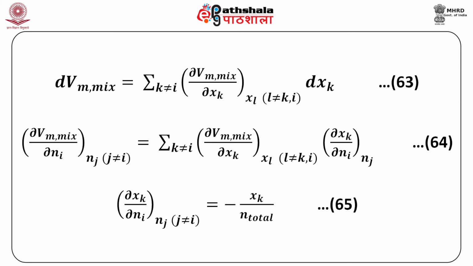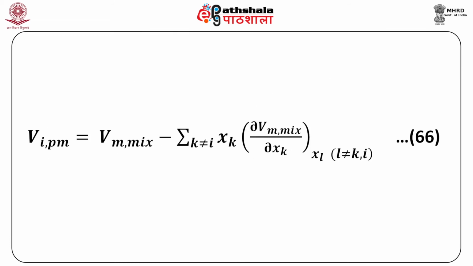Now substituting equations 64 and 65 in equation 61, we get ViPm equals Vm mix minus the summation over k not equal to i of chi k into dVm mix by d chi k at constant chi L, where L is not equal to k and i. Equation 66 gives the partial molar volume in a solution consisting of more than 2 components.